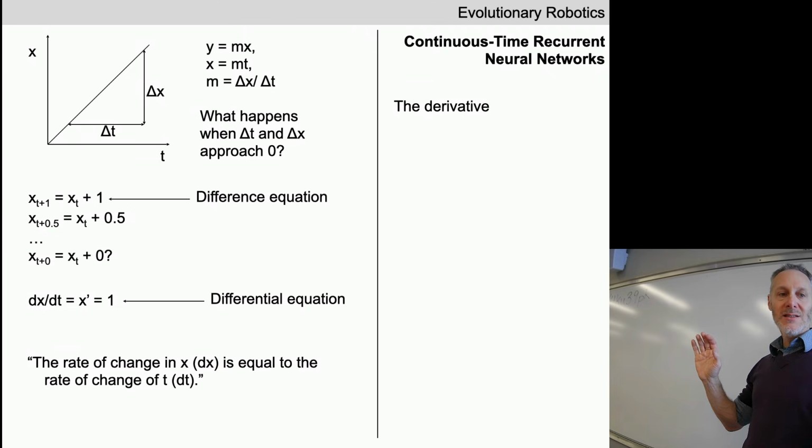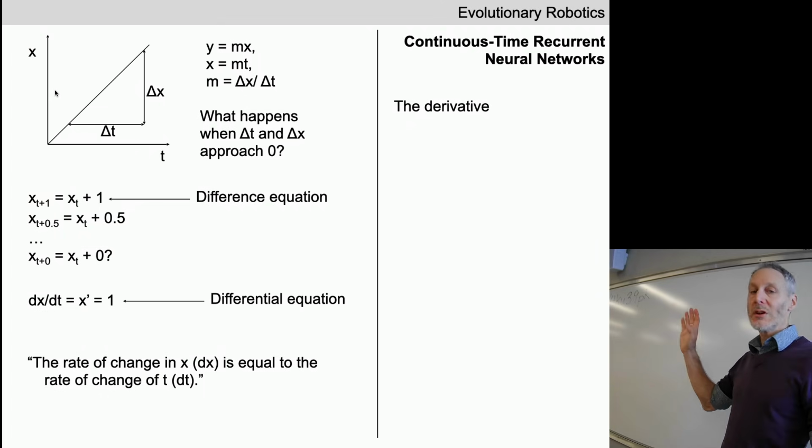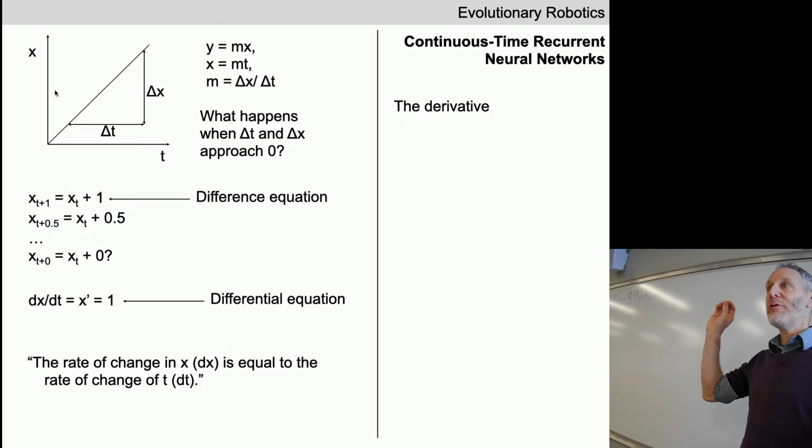From here on out, instead of x on the horizontal axis and y on the vertical axis, we're going to put t on the horizontal axis for time and x on the vertical axis for the variable of interest, which is going to be the values of neurons in the CTRNN.